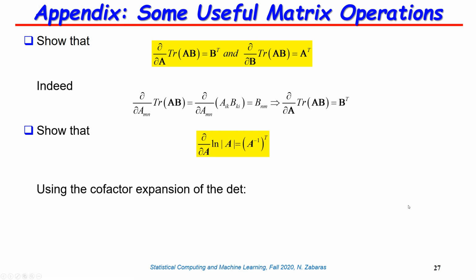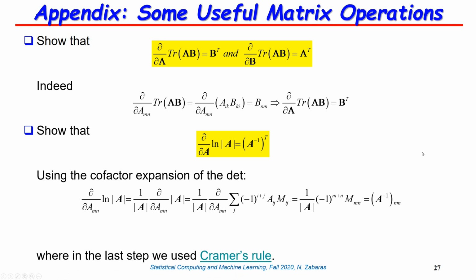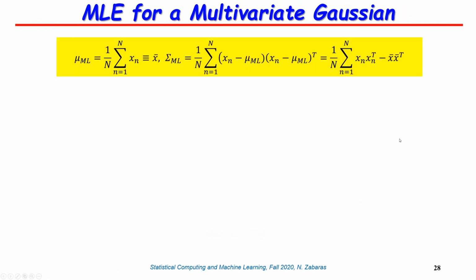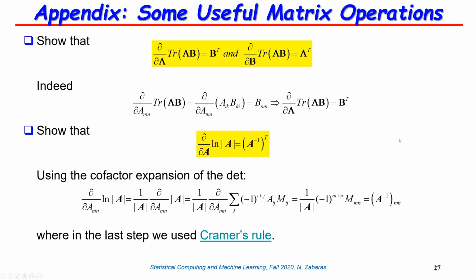I proved two of those in this slide, so you can read it and see that there is no magic. And as I told you, an easy way to compute gradients with respect to a matrix is to take derivatives with respect to the components, and then put all of these gradients together in the form of a matrix, and that will be the desired answer that is incorporated in these formulas.